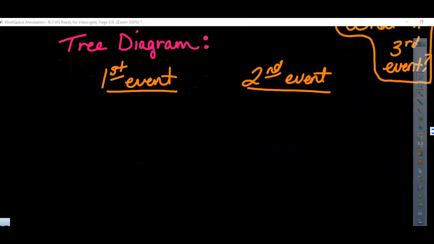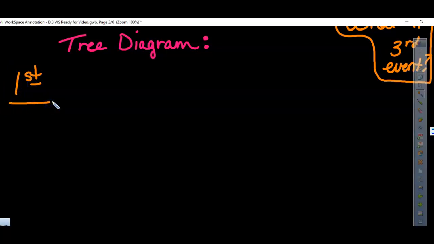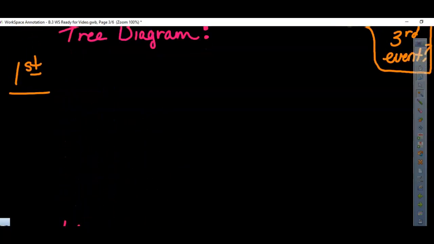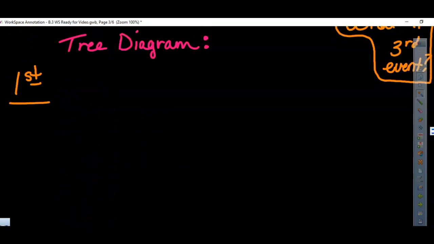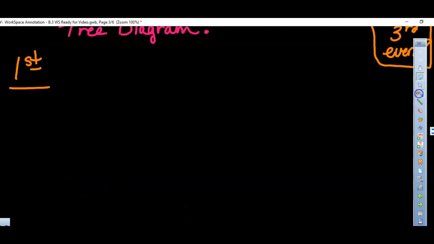Well, we're still using that first and second event, writing vertically up and down here. I'm going to move them over. So our first event is that number cube, correct? Okay, so we're going to roll that number cube. And I'm having a feeling we're going to need more room here, so we're going to erase this right here.